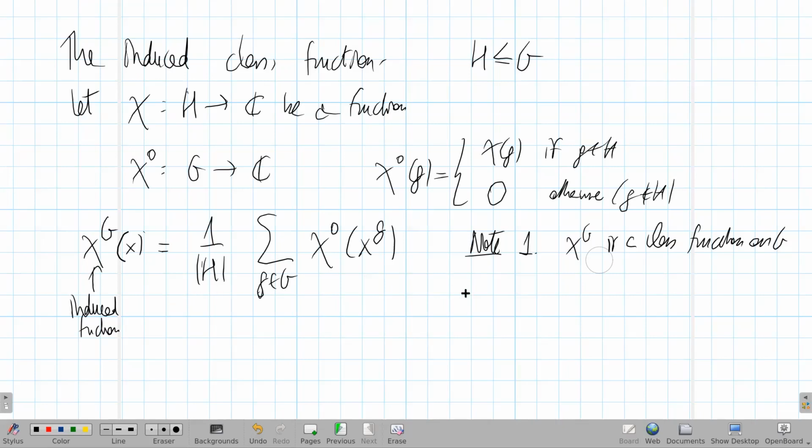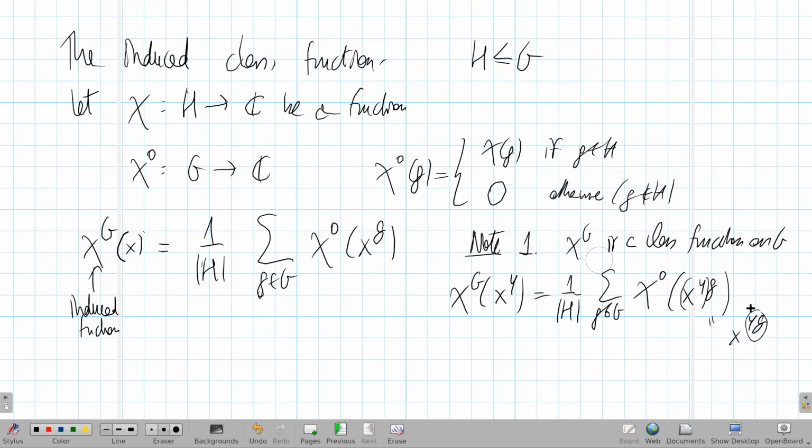This is easy to see because if you consider the value on a conjugate, x y g, conjugacy is in action, and of course y is fixed.